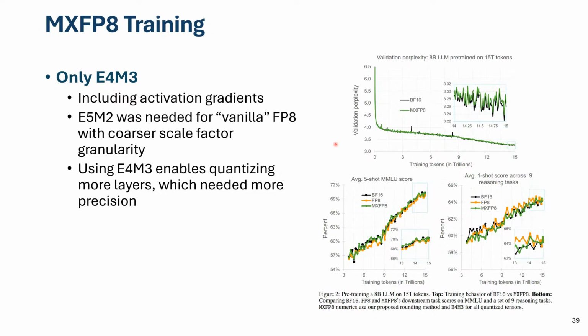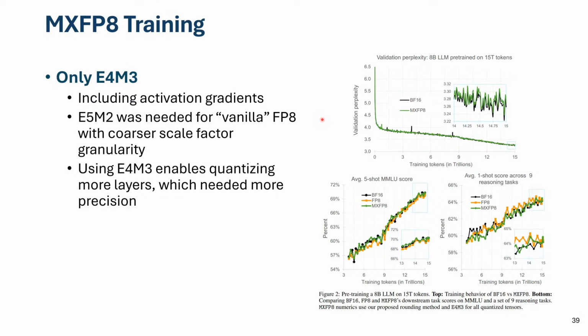Training, MX FP8 also makes it easier. So for FP8, there were all kinds of recipes, but for MX FP8, because blocks are smaller, we're able to keep more tensors in FP8. And we ended up using only E4M3. So we dropped E5M2. E5M2 has a wider dynamic range, which we found in vanilla recipes, when your scale factors were at a coarser granularity, we needed E5M2's wider dynamic range to make training work.